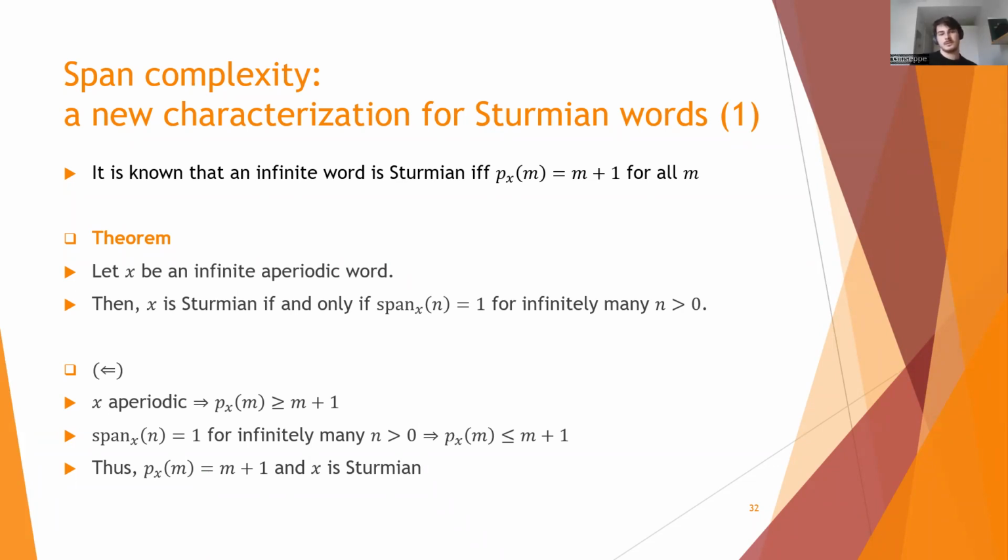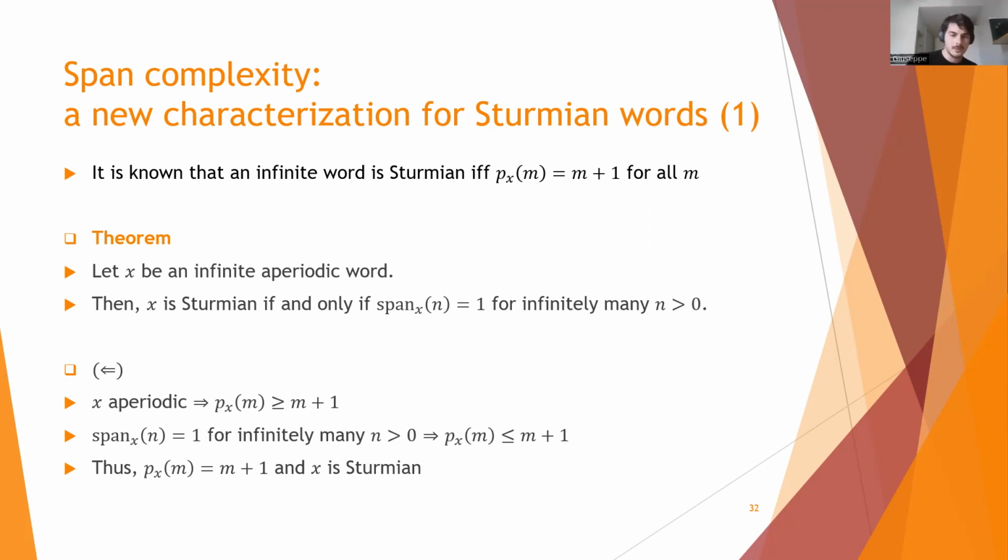To prove one direction, the easiest direction comes from the fact that it is known that if word x is aperiodic, then the factor complexity is at least n plus 1 for every n, while having a span equal to 1 for infinitely many n, and given the fact that the factor complexity is a monotone function, then the factor complexity is also upper bounded by n plus 1.